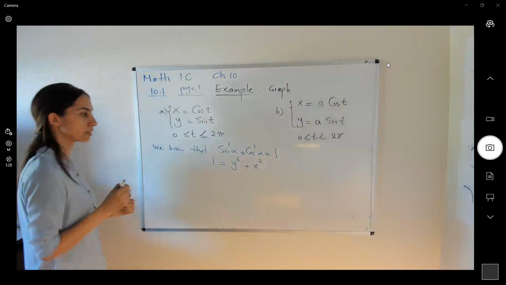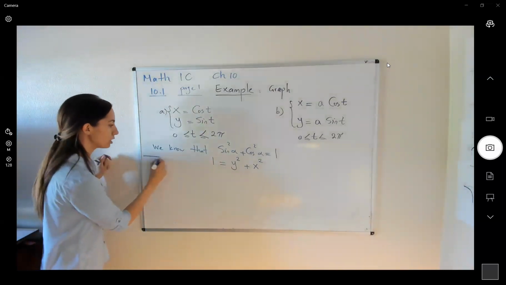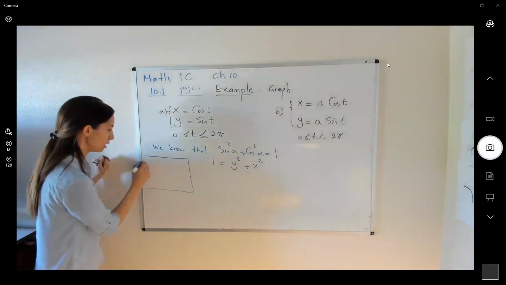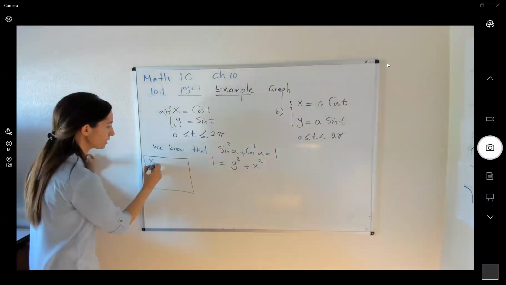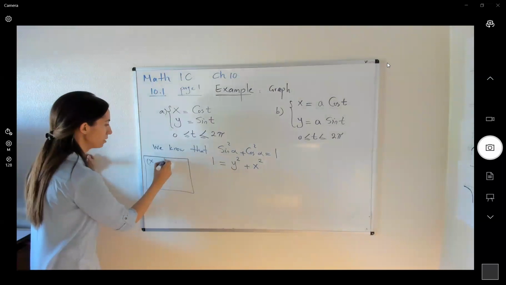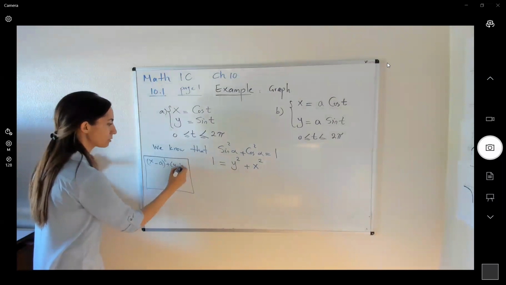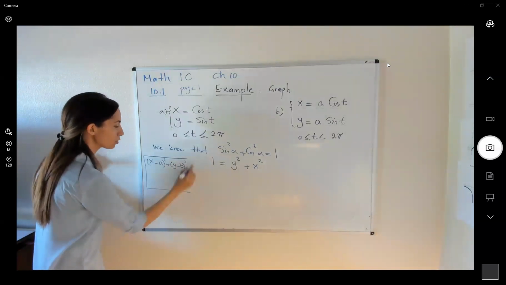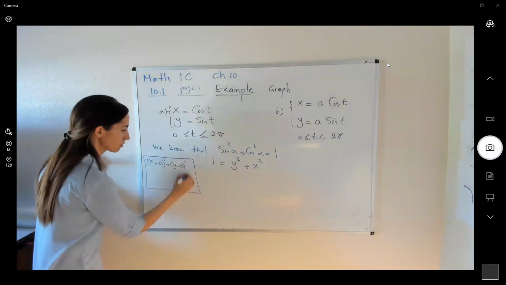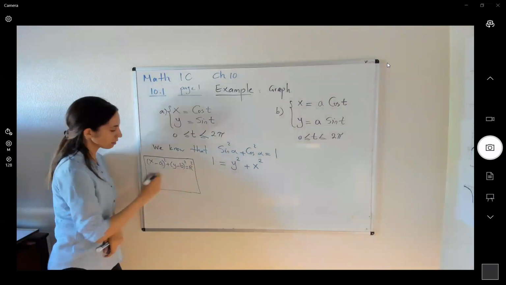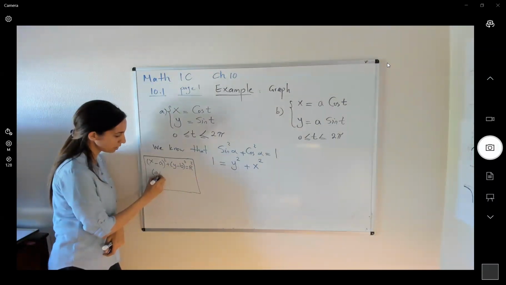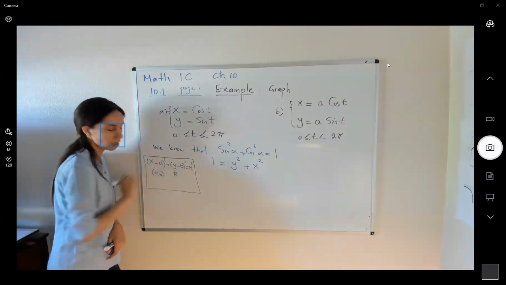If you remember the equation of the unit circle, we learned about the unit circle in pre-calc. You know that x minus a squared plus y minus b squared equals r squared is the equation of a circle centered at (a, b) with radius r.